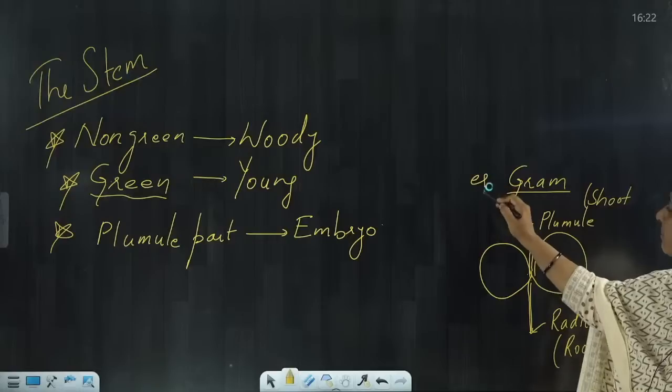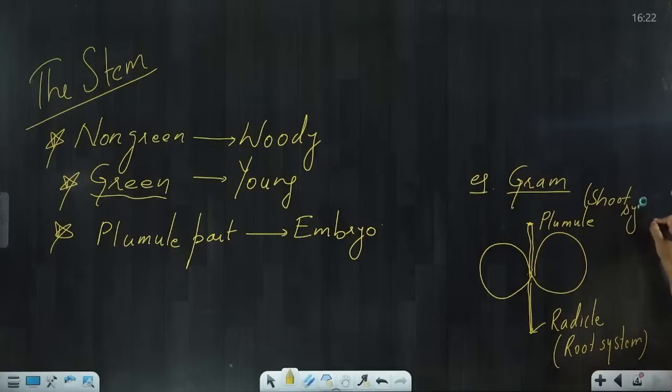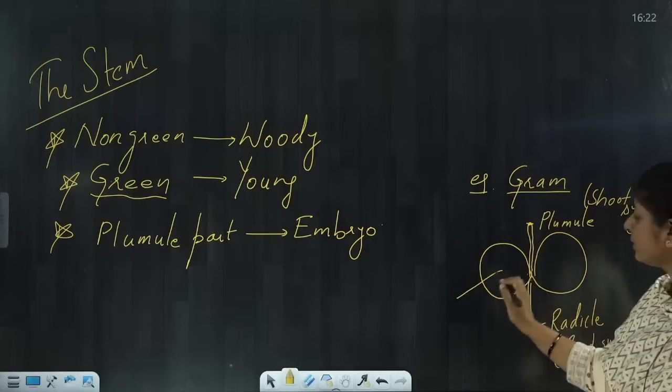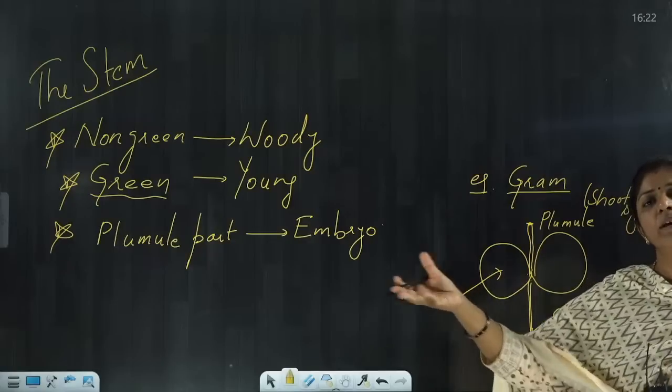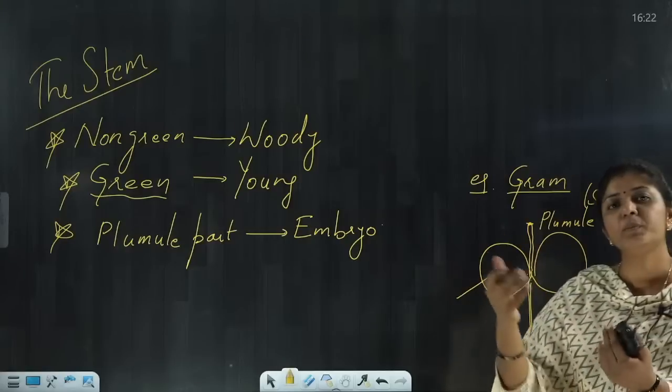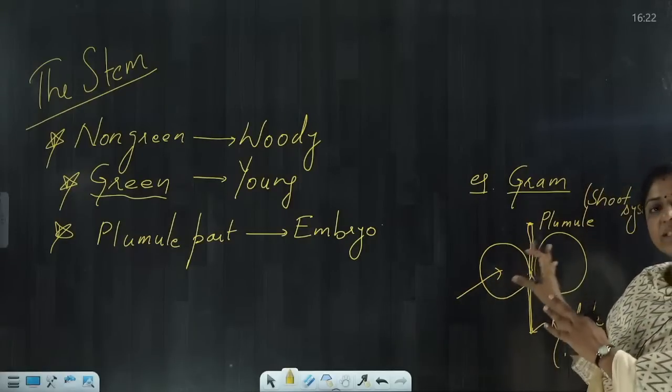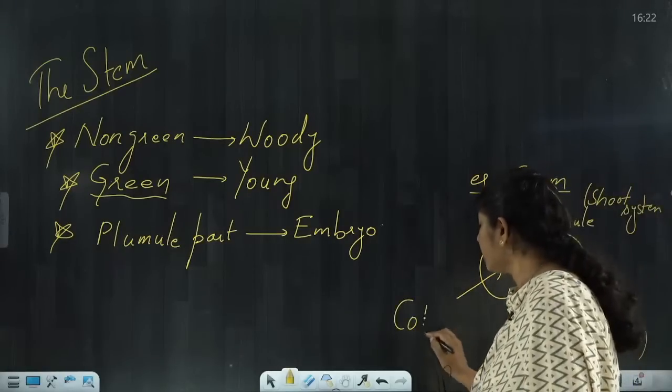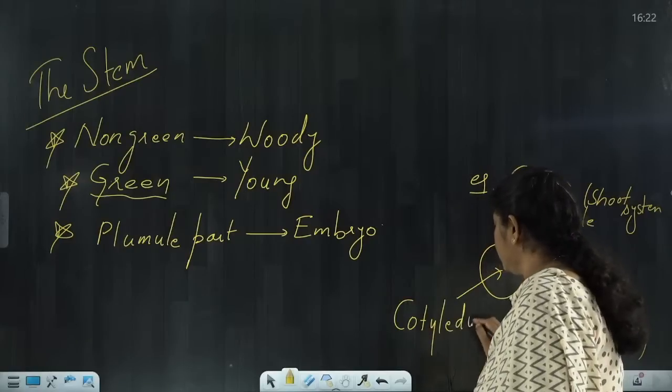This is just an example. And these cotyledons are the food for the growing embryo. Embryo means the part which has to give rise to a new plant. These food-giving structures you call cotyledons.